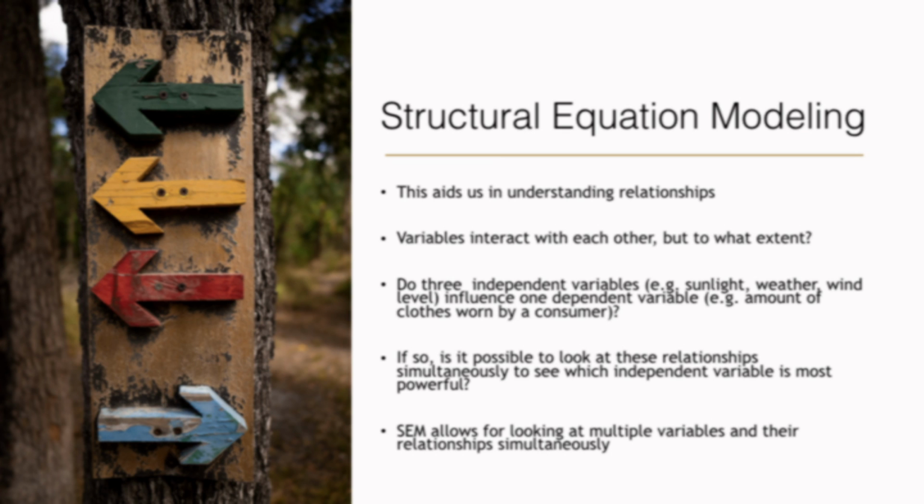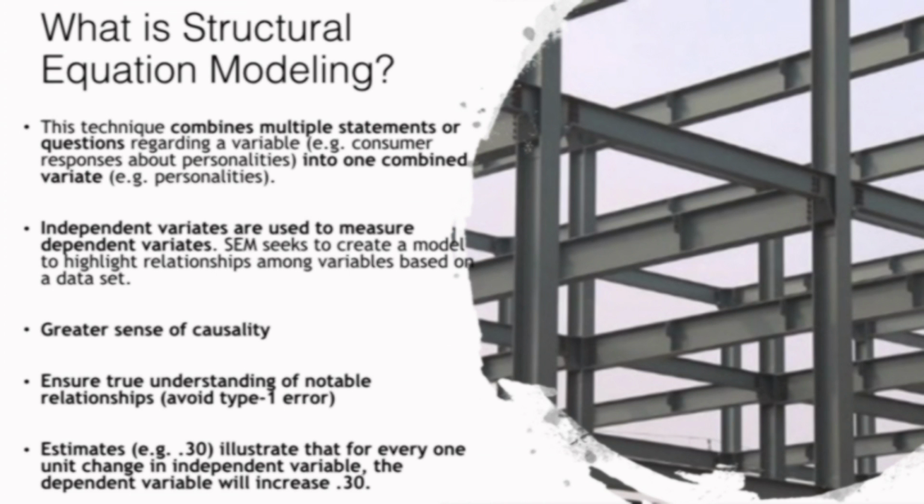Differently, with the structural equation model, all relationships are tested simultaneously. It is a stronger, more assured method that ensures that when we have something statistically significant, it is in fact so. Let's keep going.